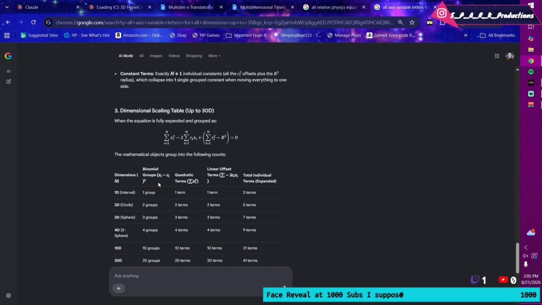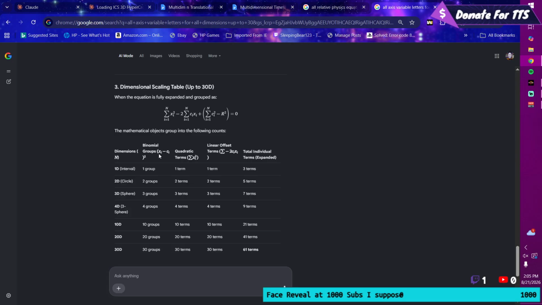I don't know, but here is the thing though, is 1D interval right here. So the C. Oh no, this is different. Okay, wait, the group binomial groups. Quadratic terms.